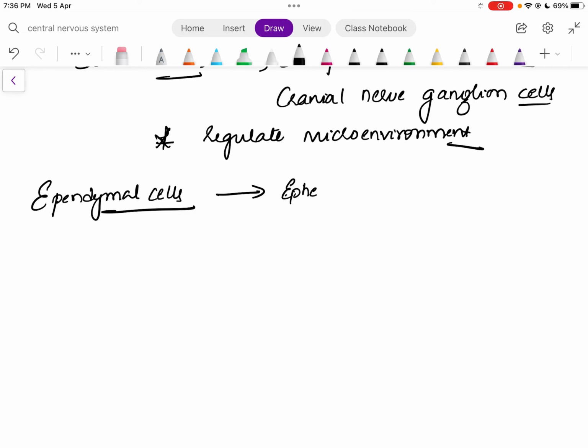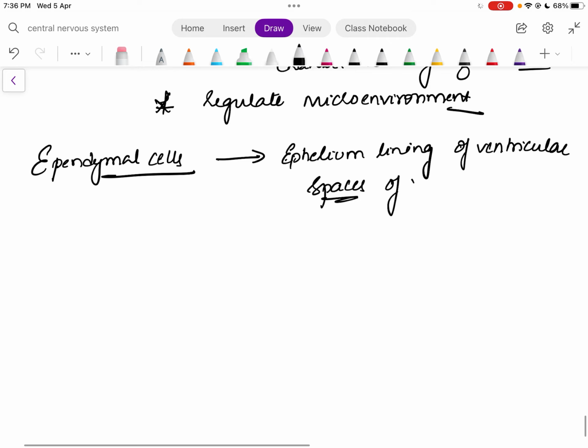They will form the epithelium lining of the ventricular spaces. So they will form the epithelial lining of the ventricular spaces of the brain.